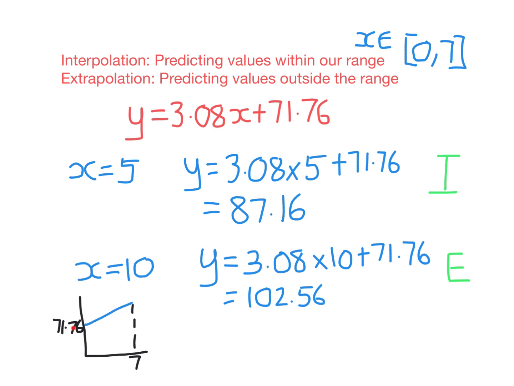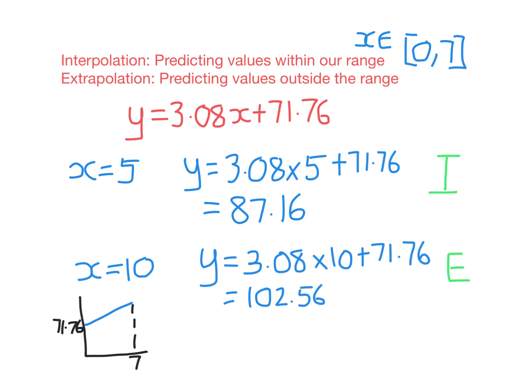Our line has a y-intercept of 71.76. So that's basically what we're predicting someone would score if they did no study. But our line had a positive gradient, so it leans to the right. We've basically found that according to our model, if you do more study, then you will attain a greater result. So we stopped here at 7. That was the largest x value in our data points.